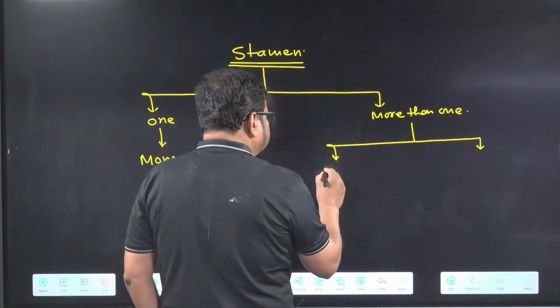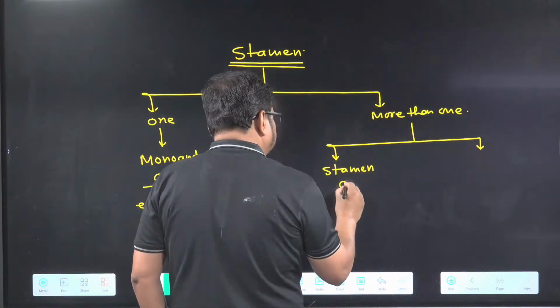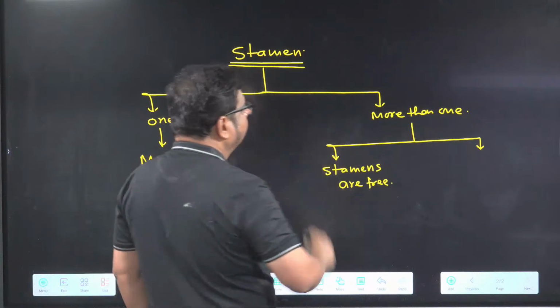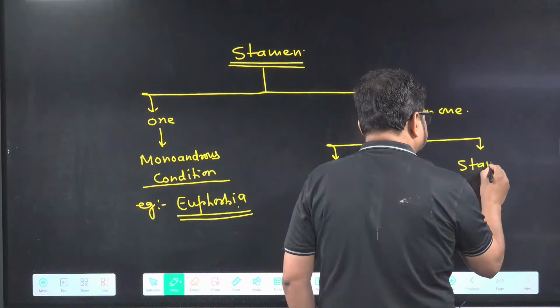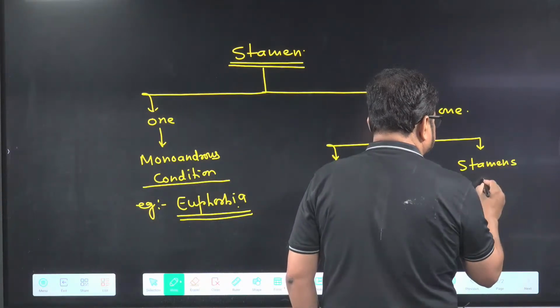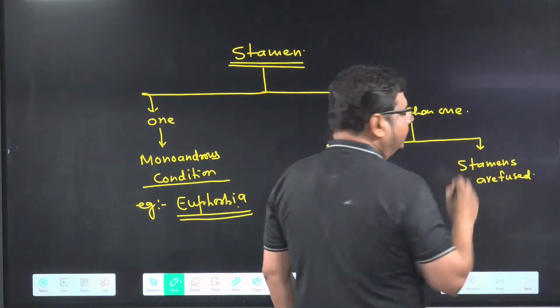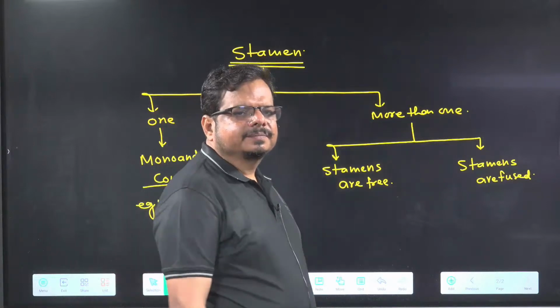One is, stamens are free, or stamens are fused. If more than 1 are there, 2 possibilities are created, na? Either it is free or it is fused, obviously. Is it clear?